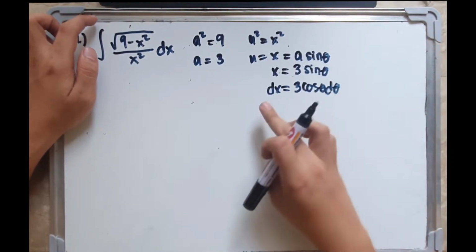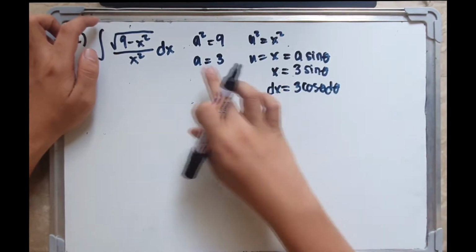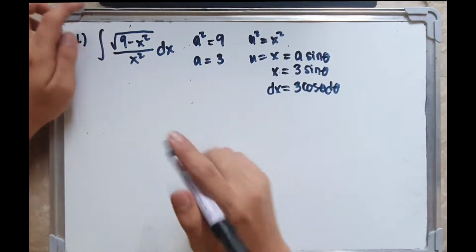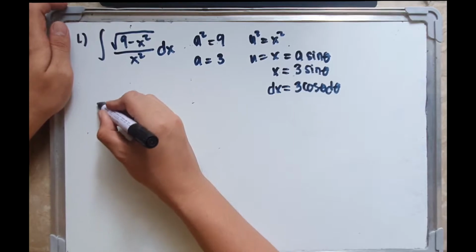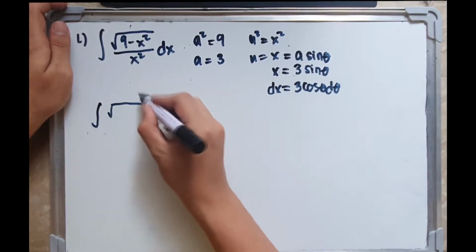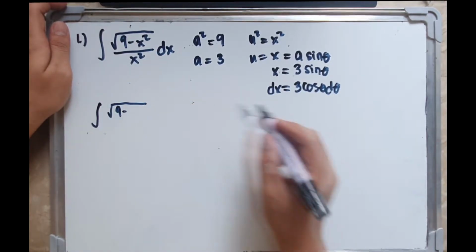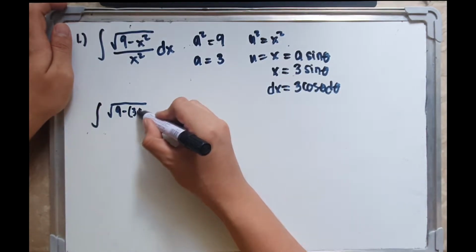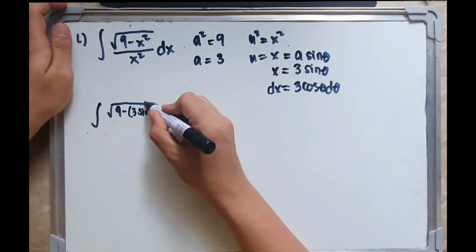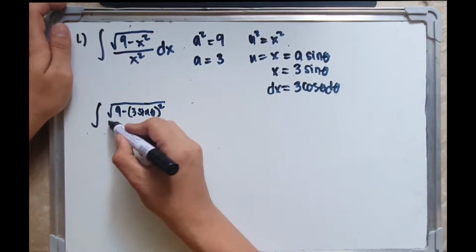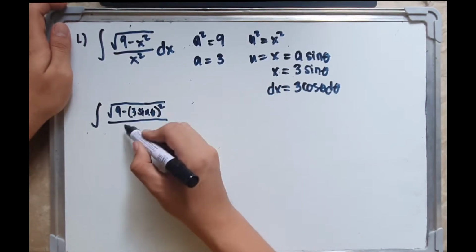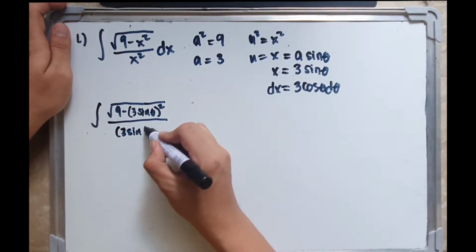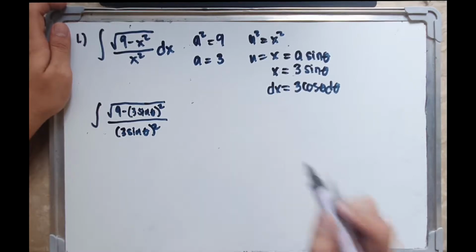Now let's try to substitute these trigonometric values into our algebraic expression. So let's have the integral of the square root of 9 minus, what is our x? So we have 3 sine theta, squared, over the denominator x squared, which is 3 sine theta squared.